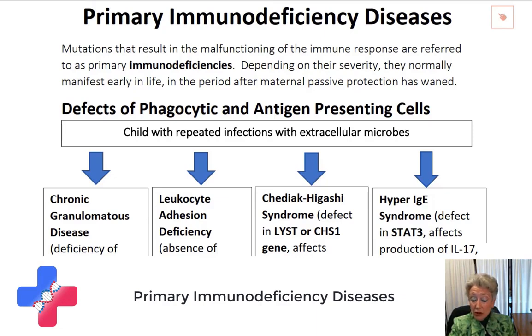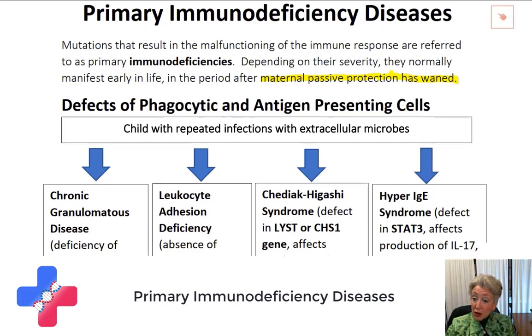Then those things will generally indicate to you in the stem that it happens after the maternal passive protection has waned. So that 6 to 9 months grace period when transplacental antibody protection keeps the child in fairly good health. Then once the child tries to develop their own immune response, things become an issue.